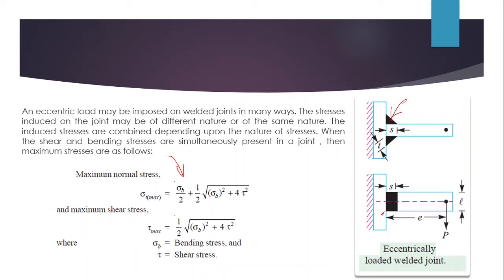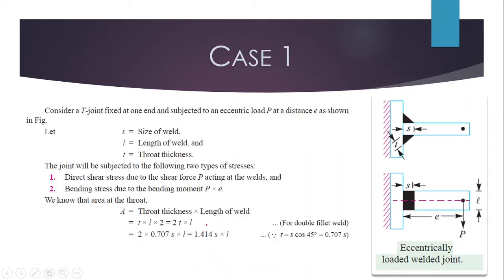And maximum shear stress, tau max, is equal to half into root of sigma B square plus 4 tau square. Sigma B is the bending stress and tau is the shear stress. And this is the first case.